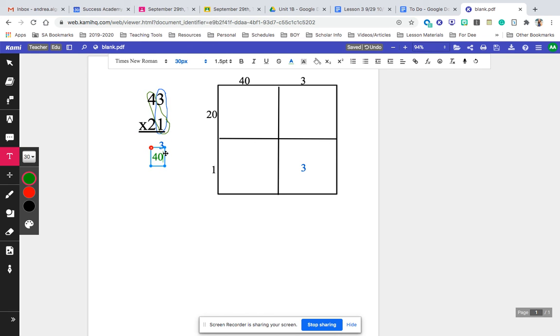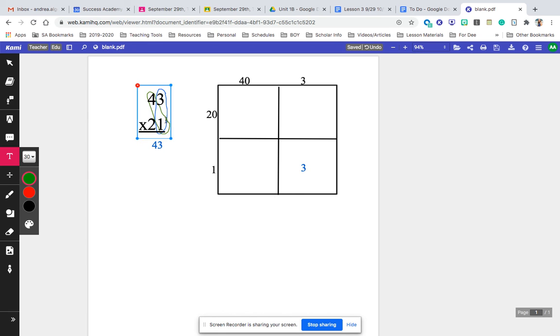Just another thing that we're going to have to add together at the end. Or, since I know that 40 plus 3 is equal to 43, I could just really quickly add that 4 right in front, and I have 43. That makes sense, right? 1 times 43 is equal to 43. And if I look at my array, 1 times 40, well, that's this box right here, and I can just add 40. Look at that.